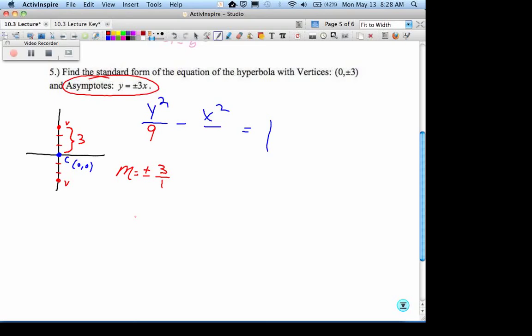So it's like b over a or a over b. Well, the square root of what's under the y, a 9, gives you a 3 on top. Must mean that there's a 1 underneath the x squared, right? So technically what they're doing is giving you the a and the b, and then you square them and put them in there.